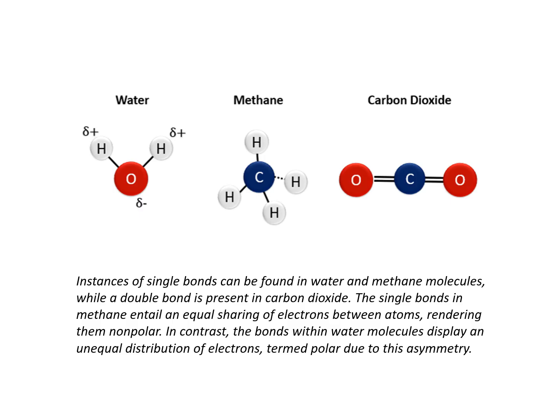In methane, the electrons are shared equally, making it a nonpolar molecule. In contrast, water has unequal electron sharing, leading to partial charges, shown here with delta plus and delta minus symbols. These differences in bonding result in very different behaviors when these molecules interact with other substances.